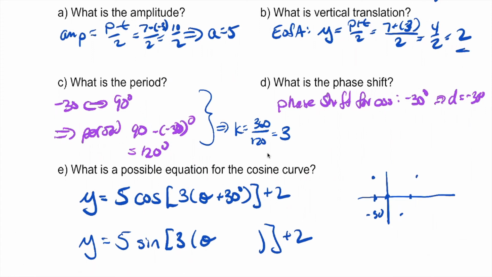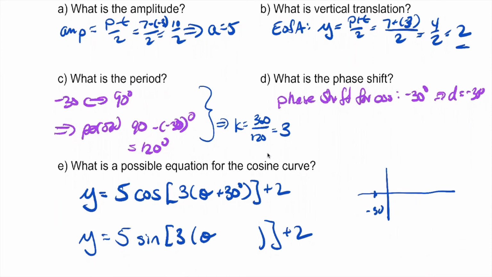That's what a cosine would look like. I didn't do the vertical translation, so let me try that again. The vertical translation would have been 2, so maybe up there. So cos would have been looking something like this.